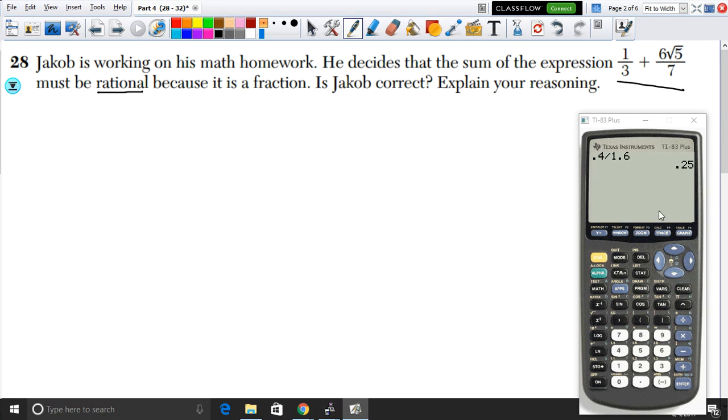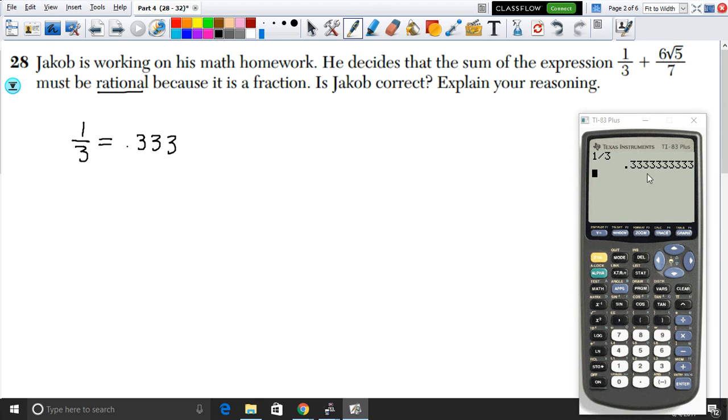Okay. Well, let's see what happens here. Let's see what this gives us here. 1 divided by 3. Let's see what that gives in the calculator. 1 divided by 3.